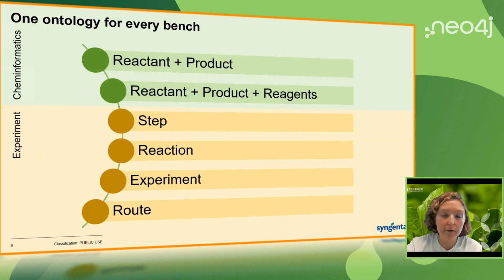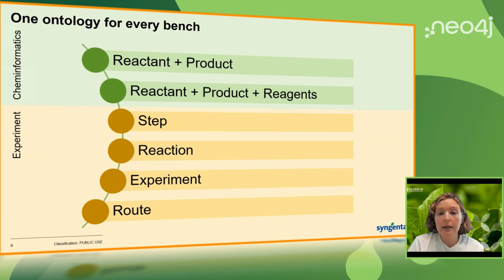So a route can reference several experiments. So it references all the reactions which are needed, which have been executed to get this target molecule. So why bother?